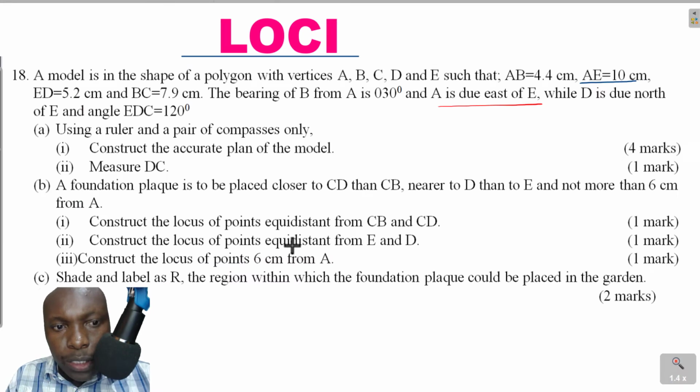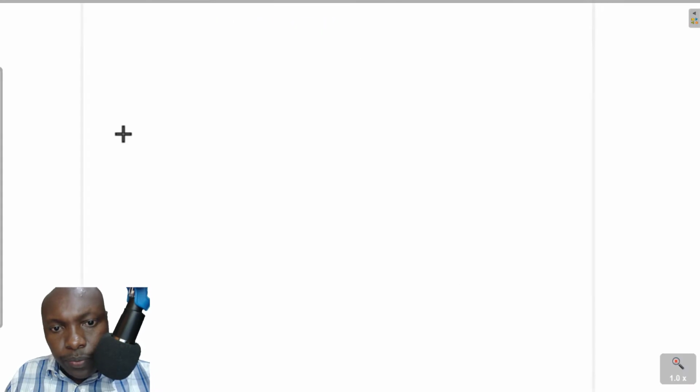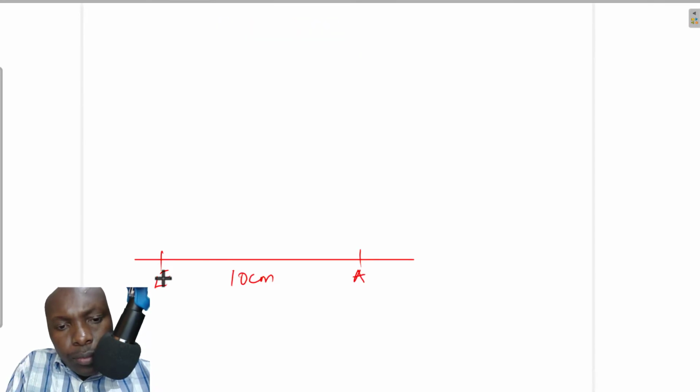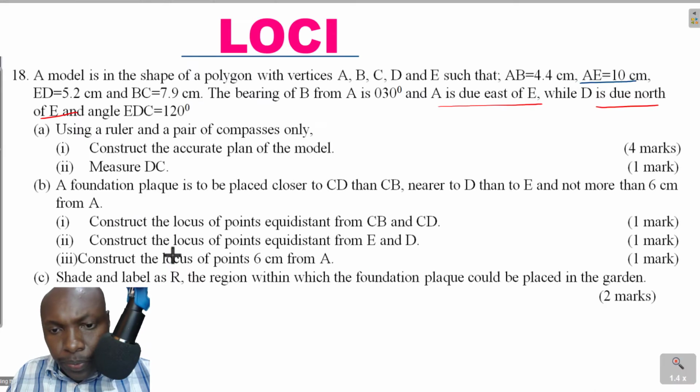Then we have D is due north of E. Due north is exactly, or directly, north. So D should be somewhere there, and if it is directly north, then this angle should be 90 degrees.